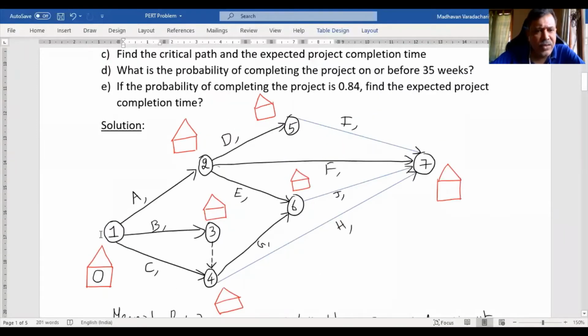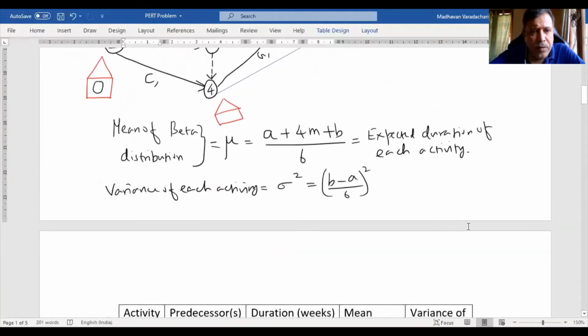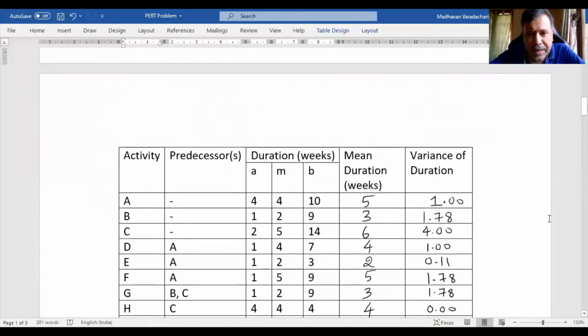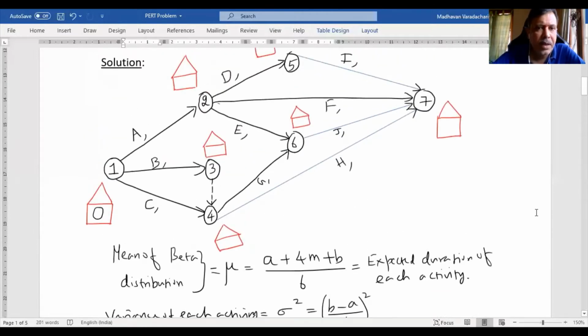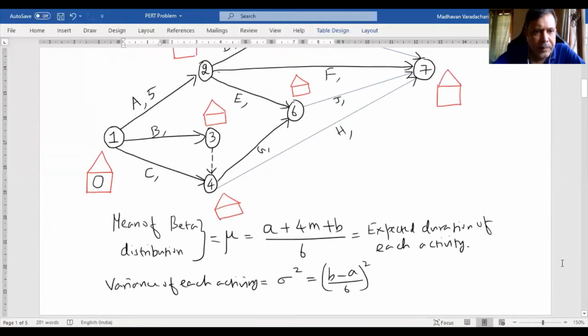Then moving to the next node, node 2. At node 2, I will see how many arrows are coming to node 2. Oh, sorry, before I start doing it, I should have filled in the mean durations everywhere. For activity A, it is 5 weeks. Activity B, it is 3 weeks.